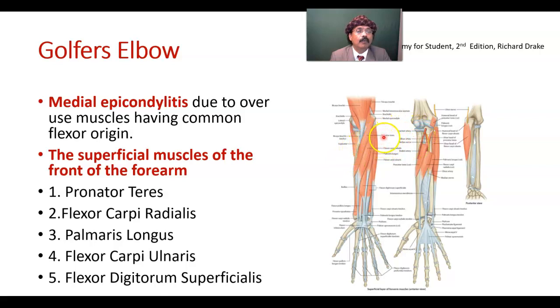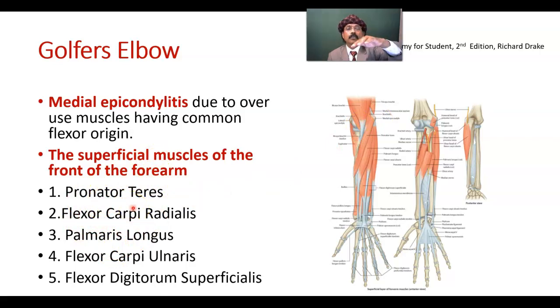These are the superficial muscles from the medial epicondyle: the pronator teres, flexor carpi radialis, palmaris longus, then the flexor digitorum superficialis, then the flexor carpi ulnaris muscle. These are the superficial muscles of the front of the forearm, and they take origin from the medial epicondyle. Overuse of this pronation.